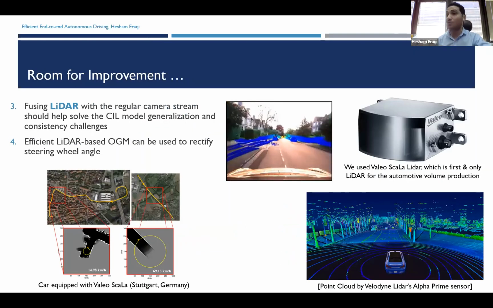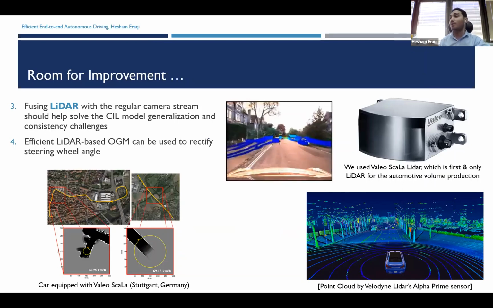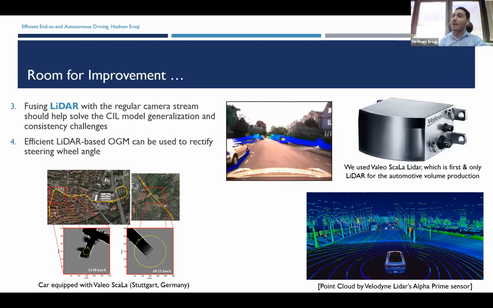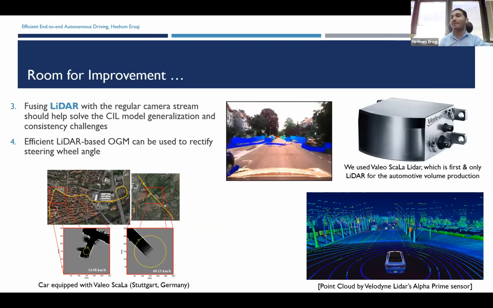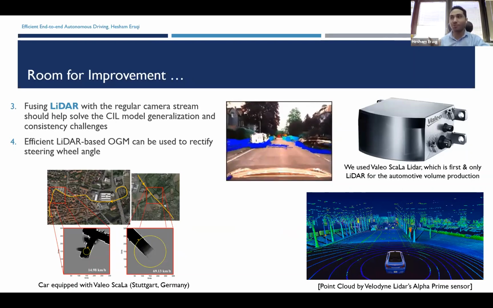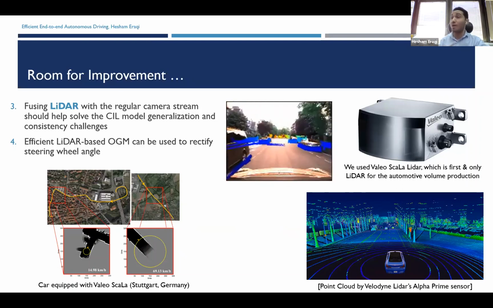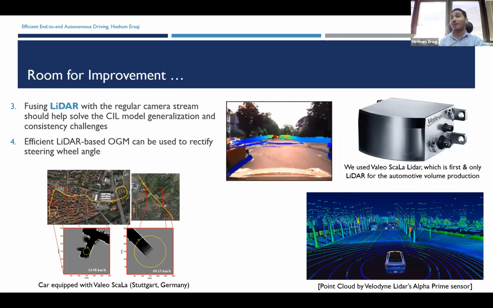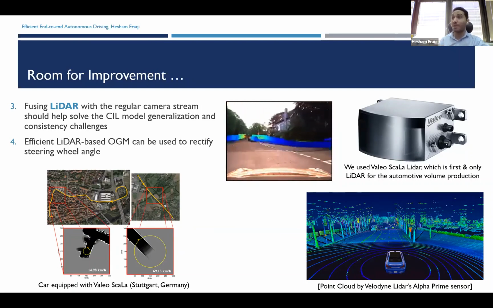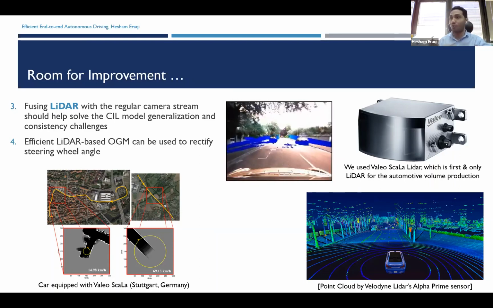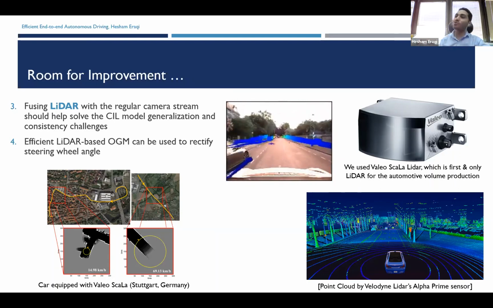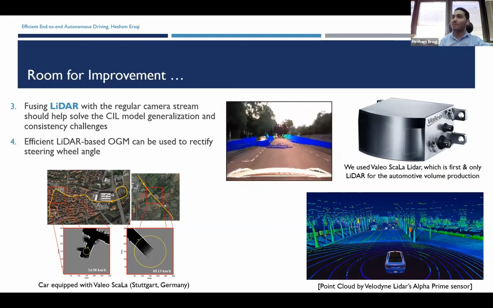Also, the majority of end-to-end approaches rely on the camera sensor, but if we can encode the LiDAR information and do some sensor fusion, we can cope with the inconsistency in varying weathers problem and the lack of generalization problem associated with the conditional imitation learning approach, because LiDAR is less sensitive to ambient light, and it has some good characteristics and drawbacks, of course, compared to the camera, and fusing both sensor information seems the better approach to deal with.